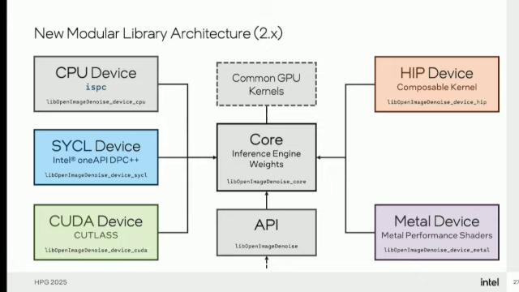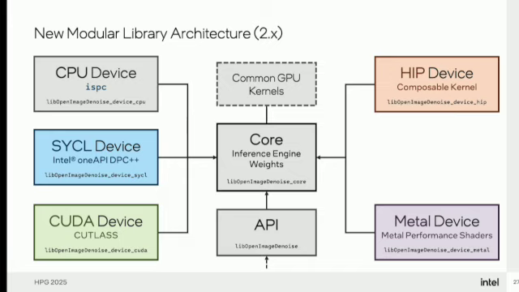For example, we're depending on oneAPI in the SYCL device, on CUDA itself and CUTLASS in the CUDA device, on HIP and the composable kernel libraries for AMD GPUs, and for Metal, we're using Metal Performance Shaders.